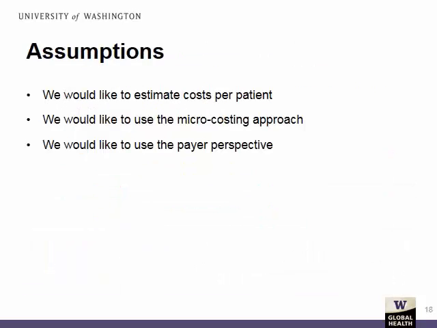So we might set out some assumptions, and in economic evaluations, it's usually very, very good to set out your assumptions clearly at the beginning so people can know what you did. And we'll look at this especially when we look at modeling, in which it's really important to set out your assumptions and say that this is what I assumed.